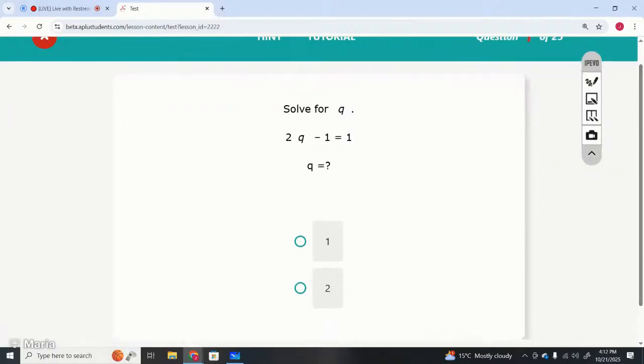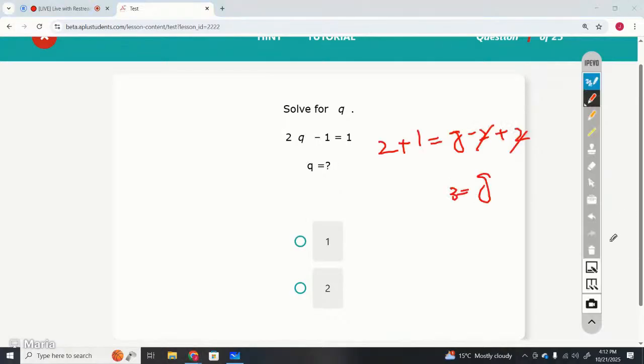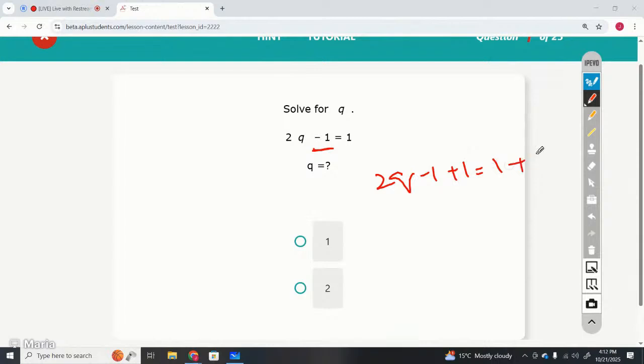2q minus 1 equals 1. So first thing is we are going to undo the operation. We need to add 1 both sides because we need to remove that 1. Minus 1 plus 1 equals 1 plus 1. 1 minus 1 is 0. We are left with 2q equals 2. Divide both sides by 2. 2 times 1 is 2.